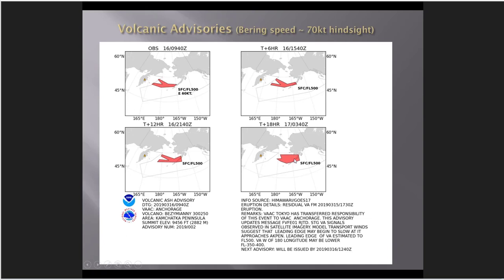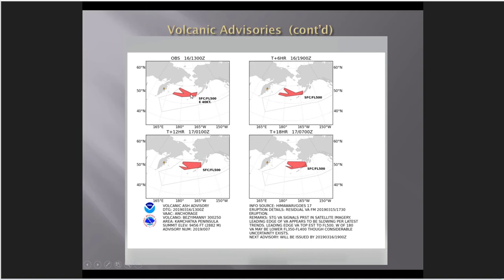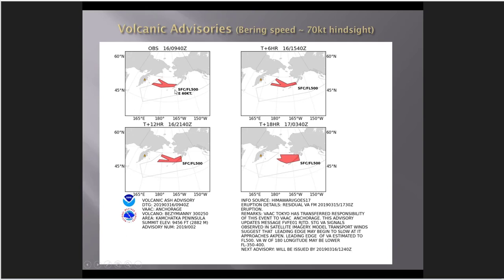So, the second one was issued at 13Z, and it's very similar in shape. It has moved just a little bit further east, and it is showing 40 knots at this point. I should mention that in hindsight we did an estimate based on the plume signature on satellite. We got about 70 knots in propagation to the east by the plume.